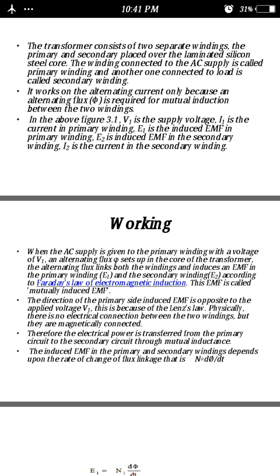We are giving supply only to the primary winding. Even though there is no electrical connection between the primary winding and the secondary winding, the secondary winding receives the flux, that is, EMF is induced in the secondary winding also. What is the reason behind this? In the last class we discussed the inductor, no?